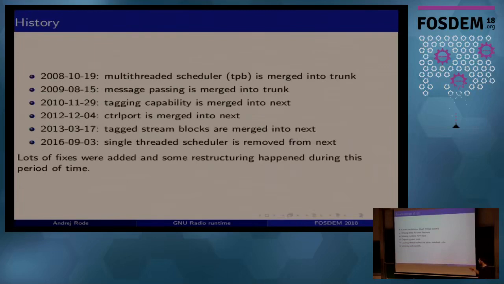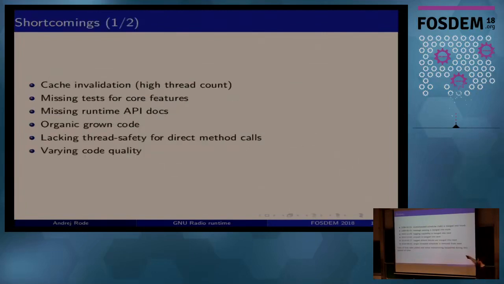This probably resulted from the organically grown code. So you saw the timeline here. It's 8 to 9 years just for these features, but the development started earlier. So like 10 years of code. It's quite natural to have some organic structures and missing docs. We also have a lot of lacking thread safety for direct method calls.